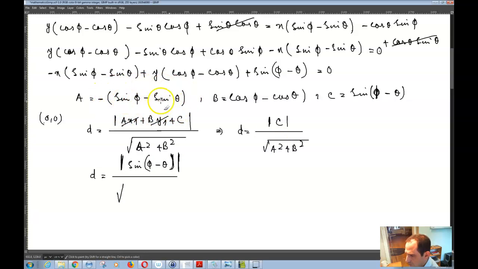So it becomes (sine phi minus sine theta) whole squared, plus b squared, which is (cos phi minus cos theta) whole squared.